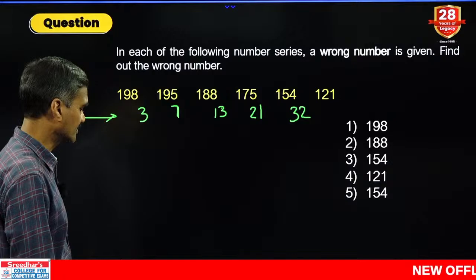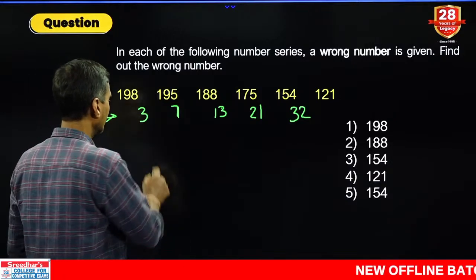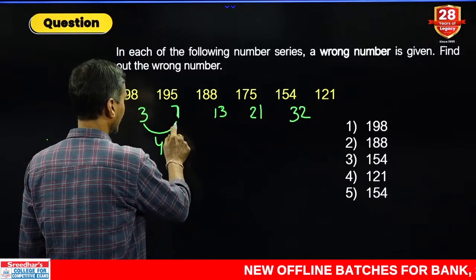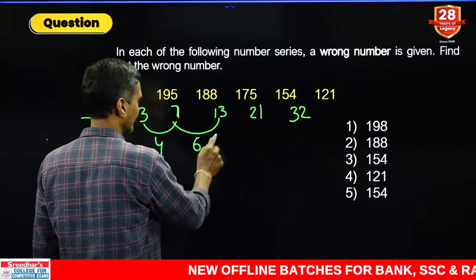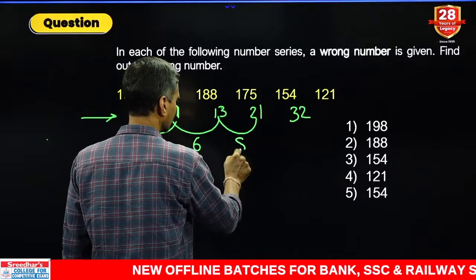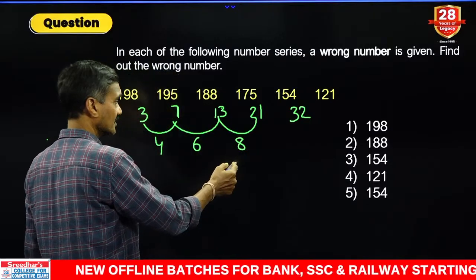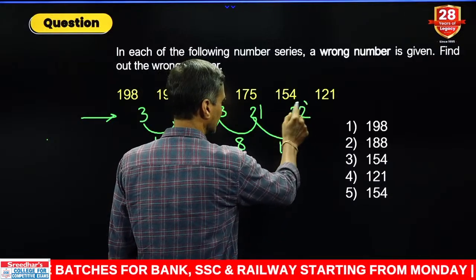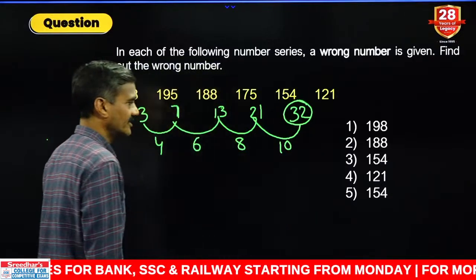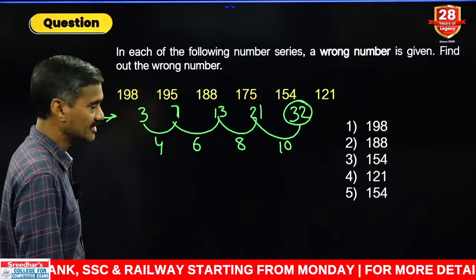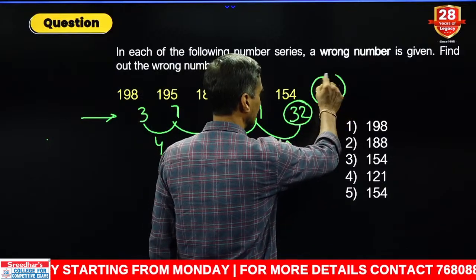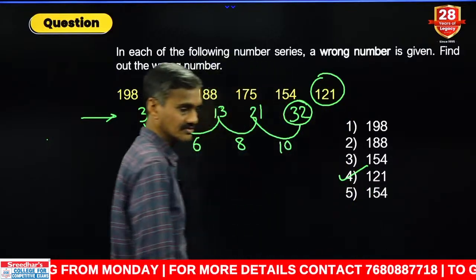Hence, we need to go for differences of differences. 3 and 7, the difference is 4, 7 and 13 is 6, and 13 and 21 the difference is 8. 4, 6, 8. Next it must be 10. 10 means 21 plus 10, 31 must be subtracted, isn't it? As 31 must be subtracted from this one, 154 minus 31, it cannot be 121, and choice 4 is the odd one.